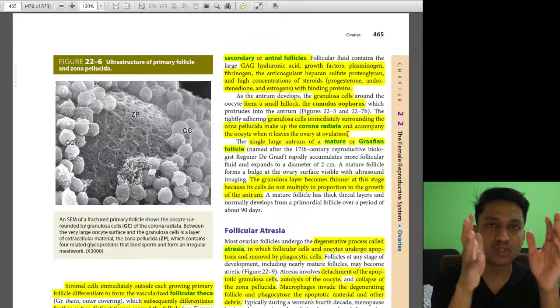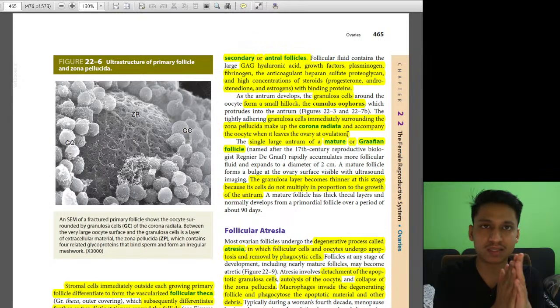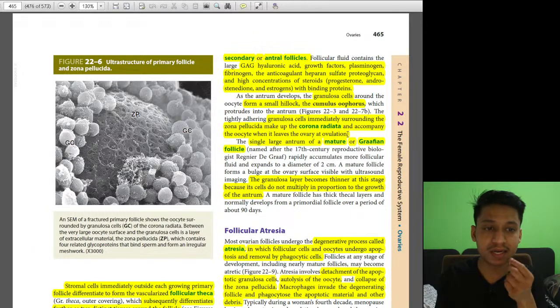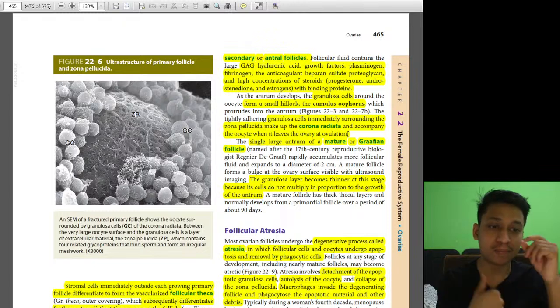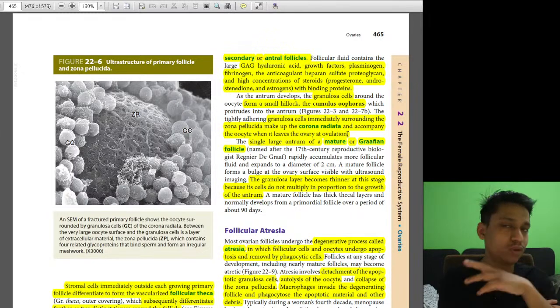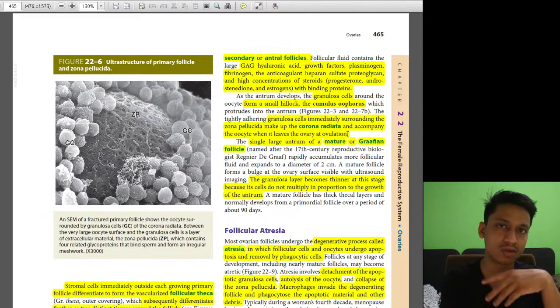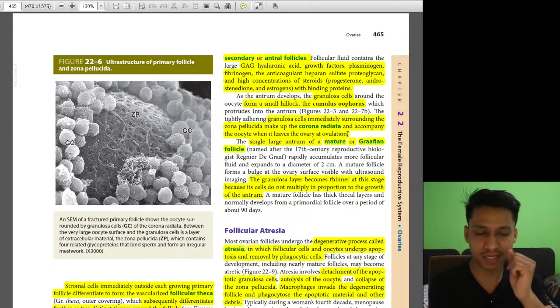So these are basically granulosa cells around the oocyte. They get compact in a layer called the corona radiata because they are ready to move out from this rupture at the place of the cumulus oophorus and go out with the oocyte in the process of ovulation. These granulosa cells that go out with the oocyte are the layer of corona radiata around it.